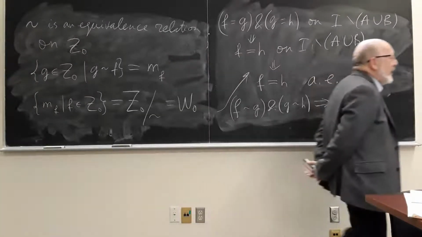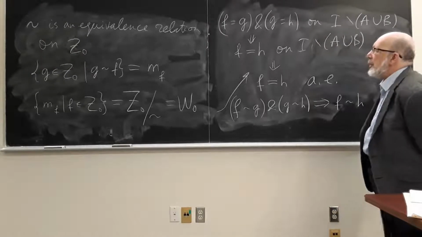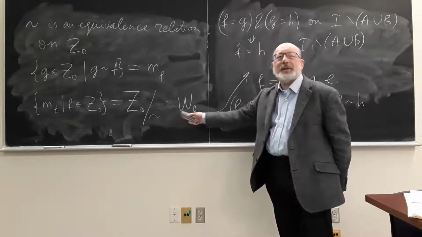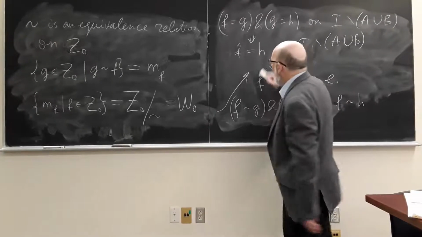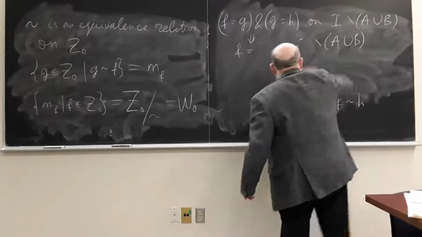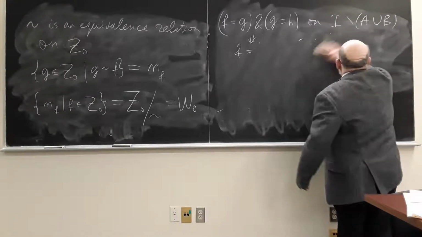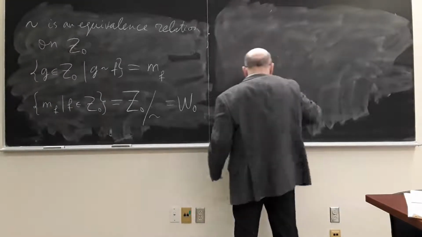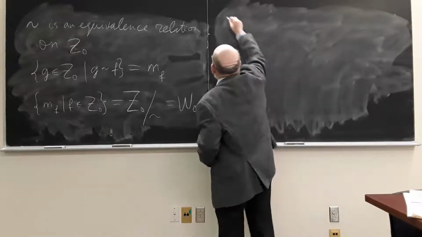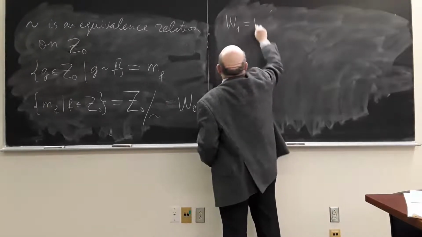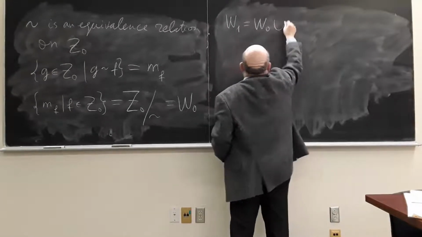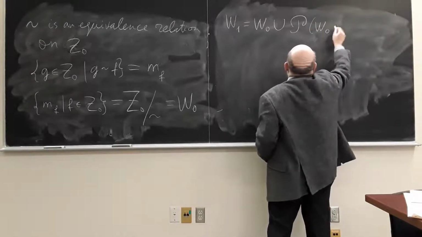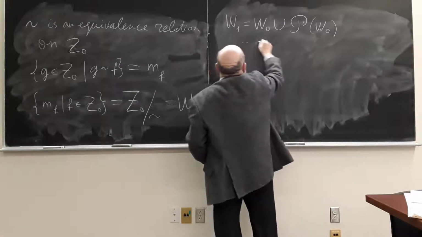And now let us do the following. We have this set W0, it is a set. Now let us define W1 equals W0 union P of W0, and so on.